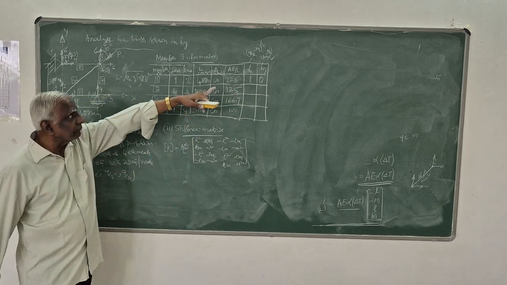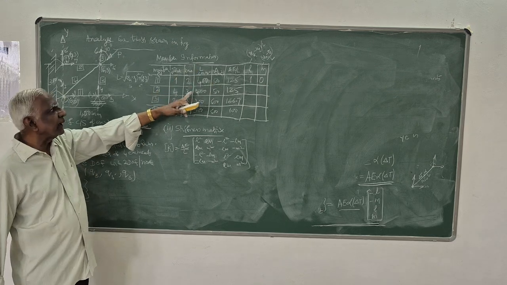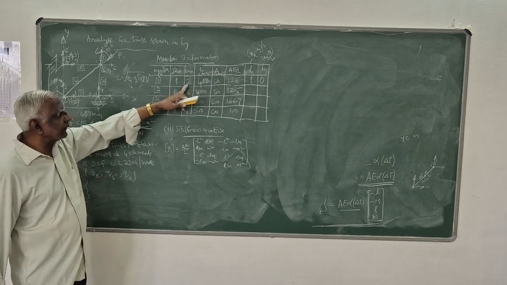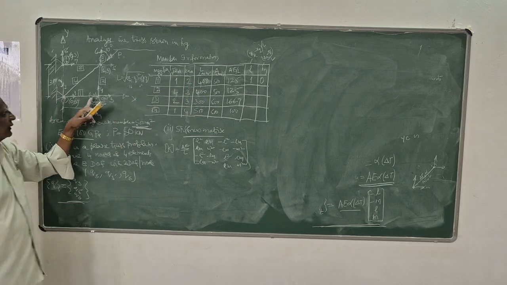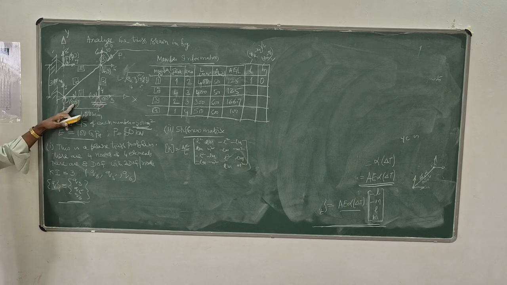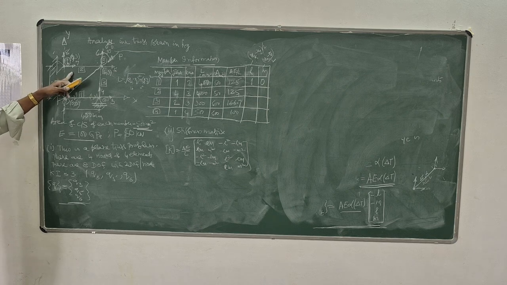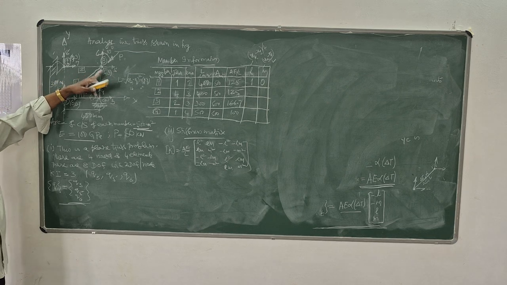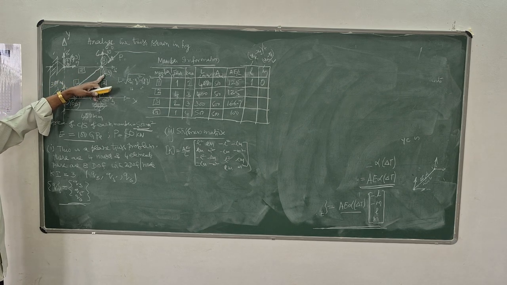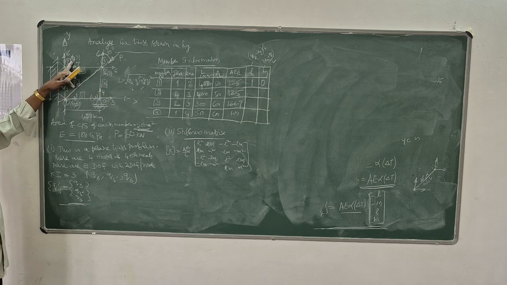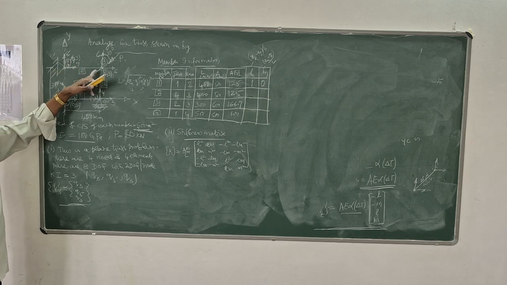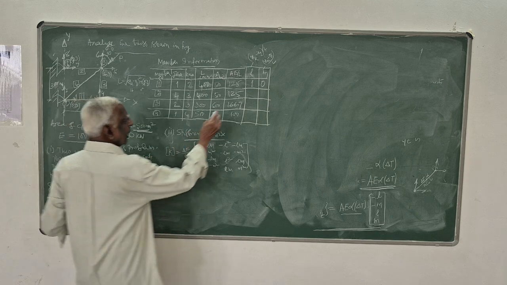Similarly, yk minus yj means y2 minus y1, 0 minus 0, that is 0. For the second, xk minus xj is 400 minus 0 divided by 400, that is 1.